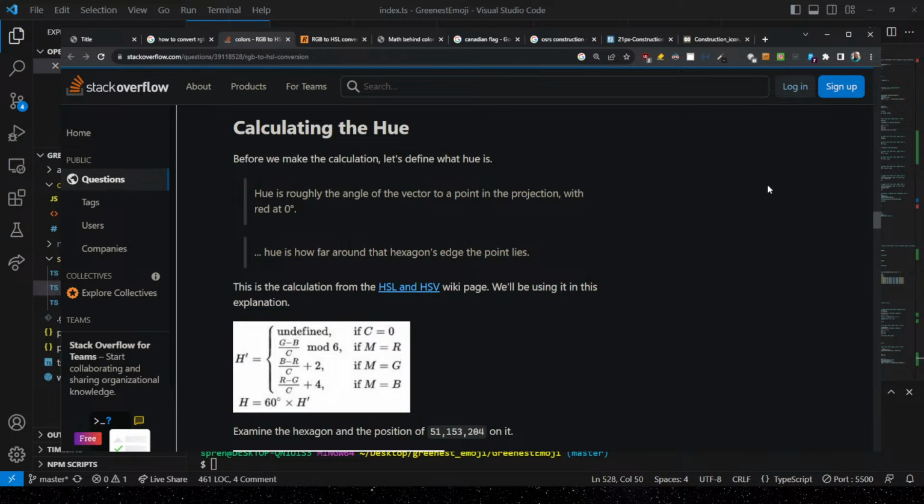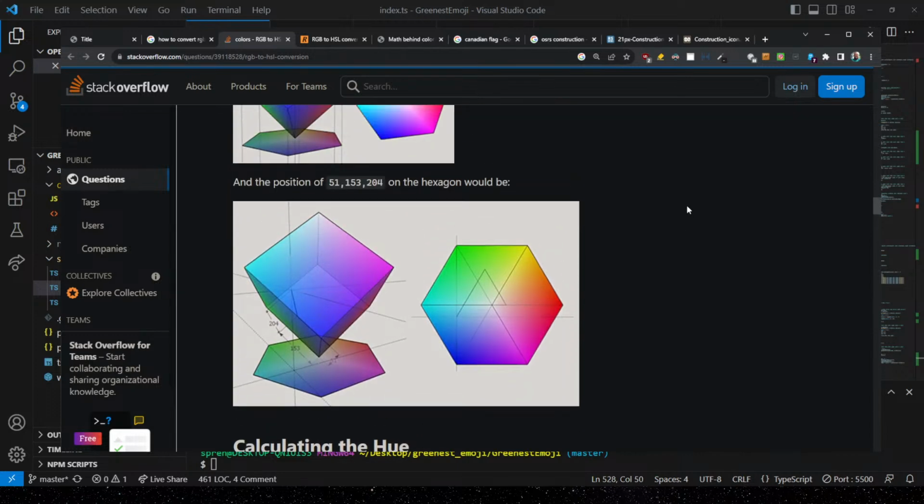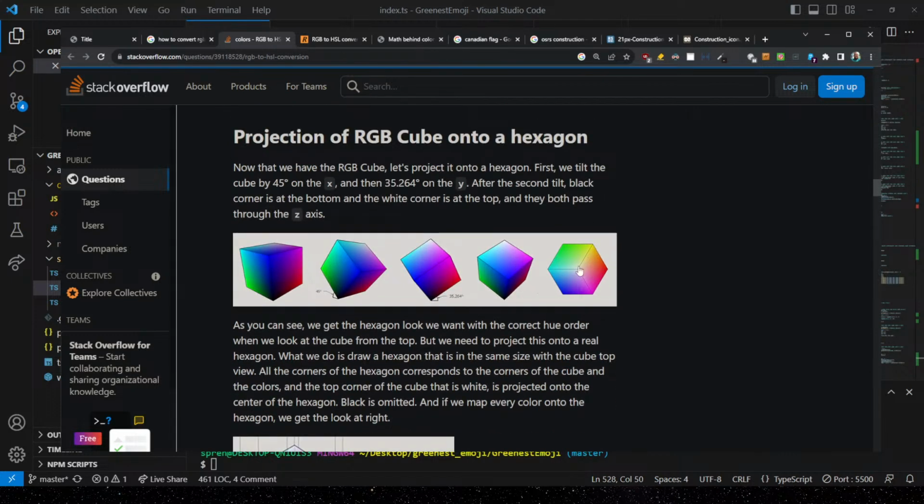Calculating the hue. Hue is roughly the angle of the vector to a point in the projection with red at 0. They say red is 0 degrees. I think this makes sense. So green would be 120 degrees.